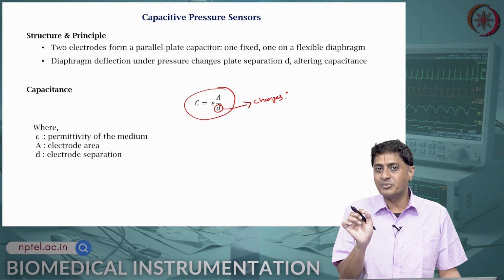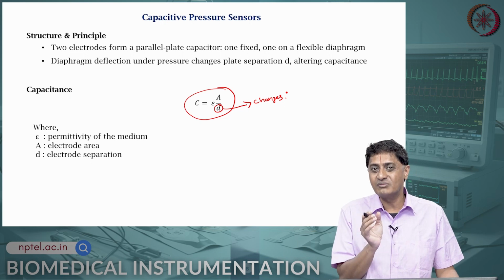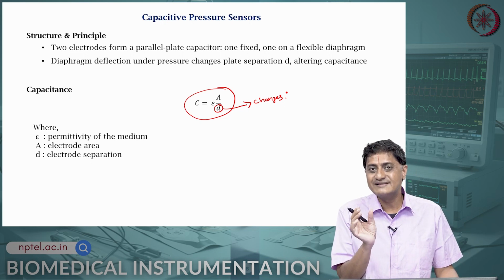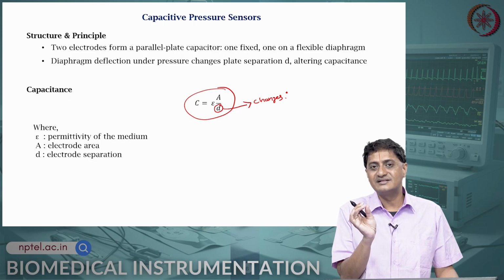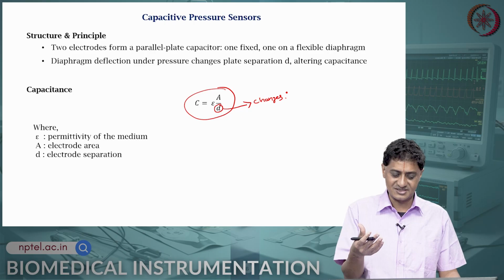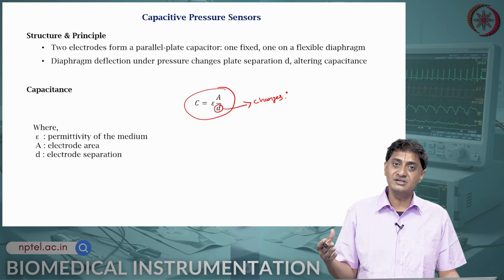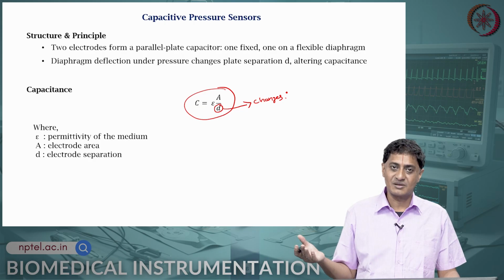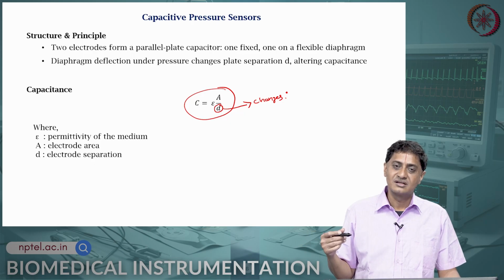When a pressure is applied, this flexible diaphragm deforms and changes the distance between the 2 plates, thus changing the capacitance. And I could measure the output voltage across the capacitor, thus attempting to model what the distance would have been that could have caused this change in voltage, which was caused by a change in capacitance.